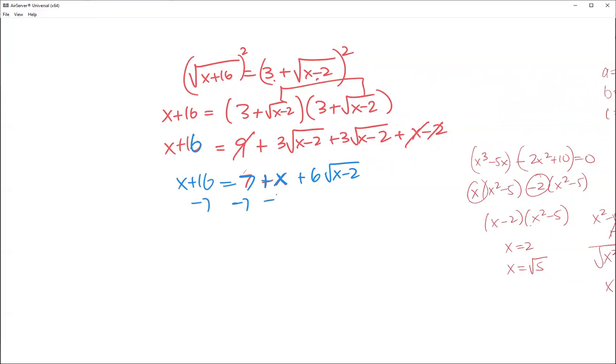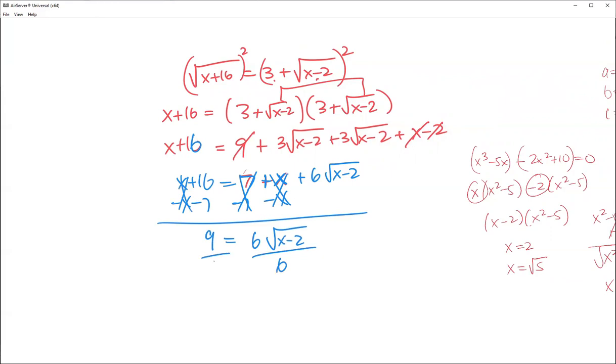And so I subtract the 7, subtract the x. This is 0. 9 is equal to 6 radical x minus 2. Divide by 6, so it'll be 3 over 2 is equal to radical x minus 2.